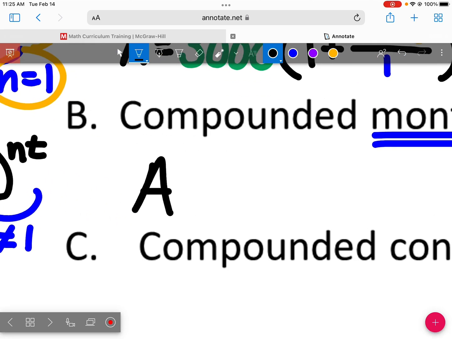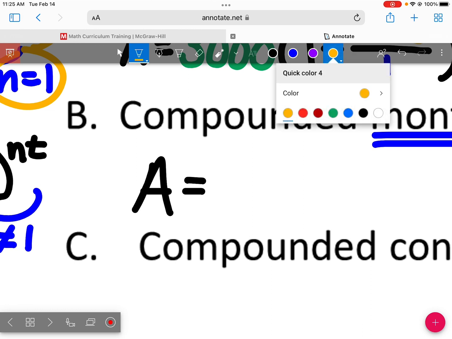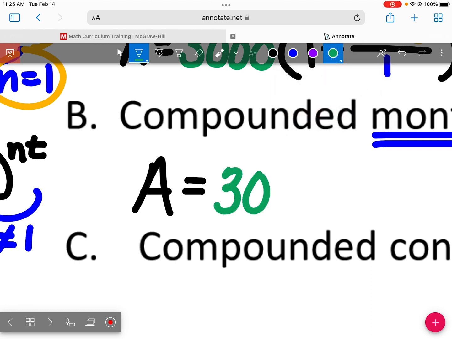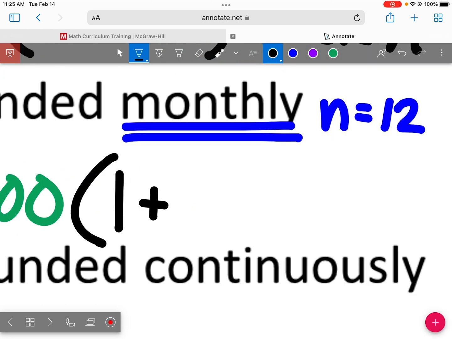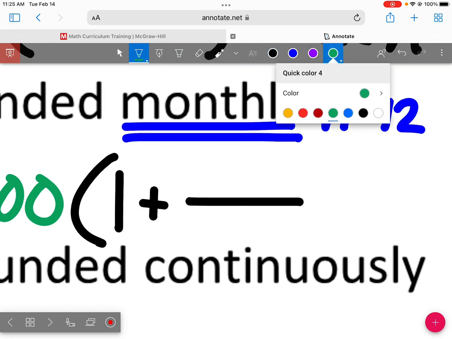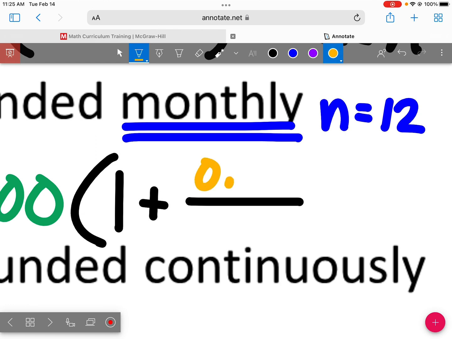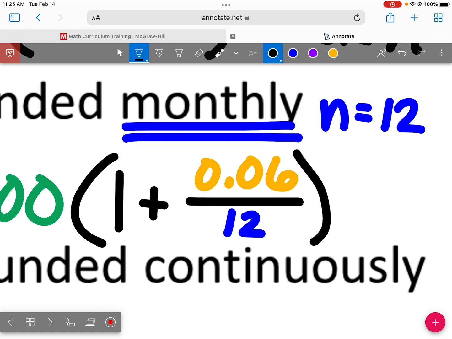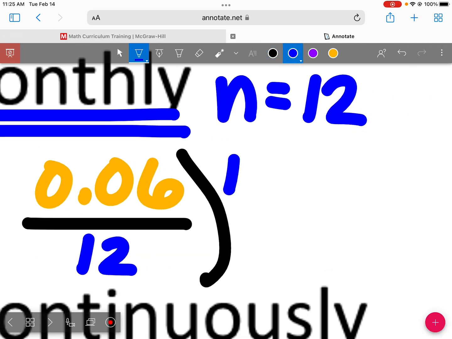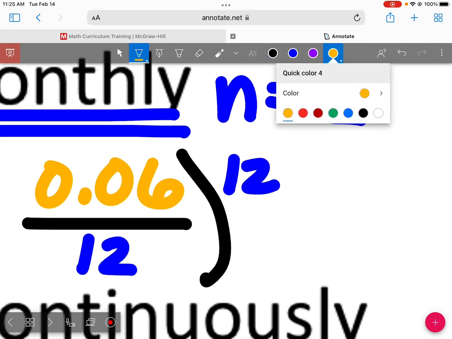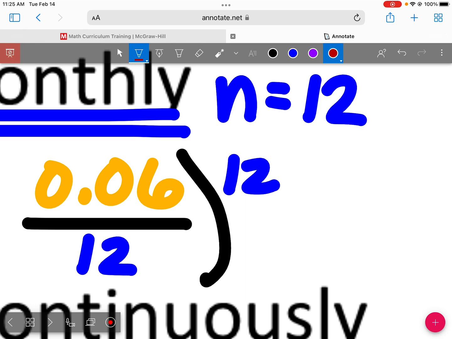No. I have A equals 3,000 times 1 plus, my rate stays exactly the same, 0.06. The N value is now 12. And I have 12 times what? Twelve times 5.